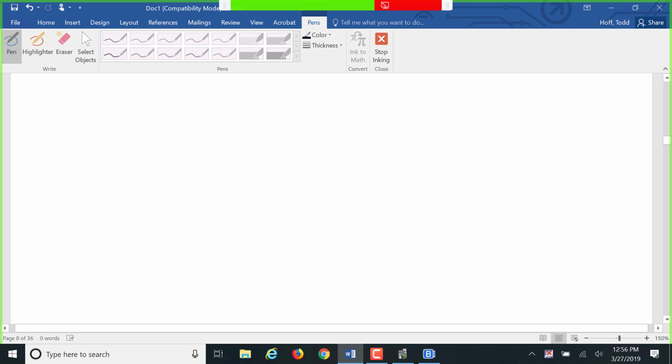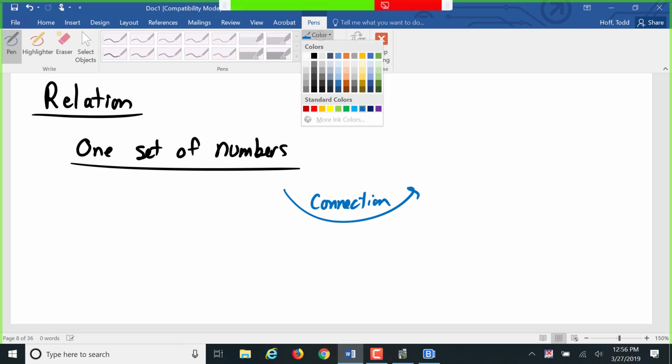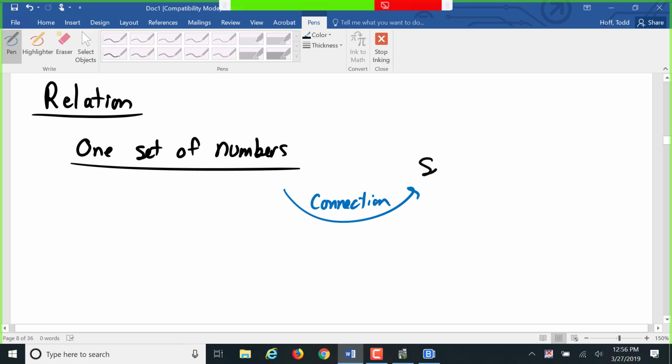Okay, well these equations we've talked about are linear equations. And a linear relationship is one form of something called a relation. A relation is just anything that takes one set of numbers and somehow connects it to a second set of numbers.